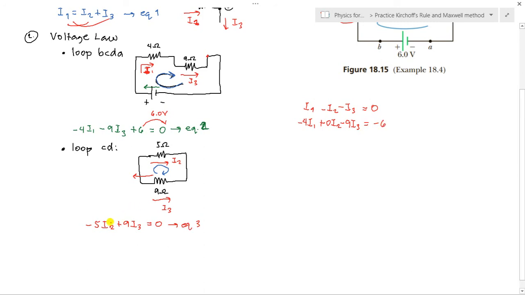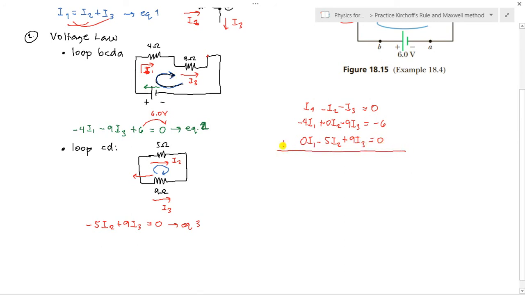Next for equation 3 we don't have I1, so put here 0 I1, I2 is negative 5 I2, then the last one is plus 9 I3 is equal to 0.